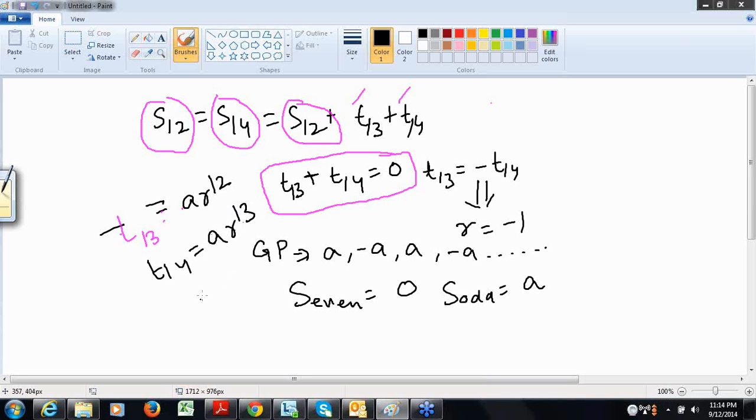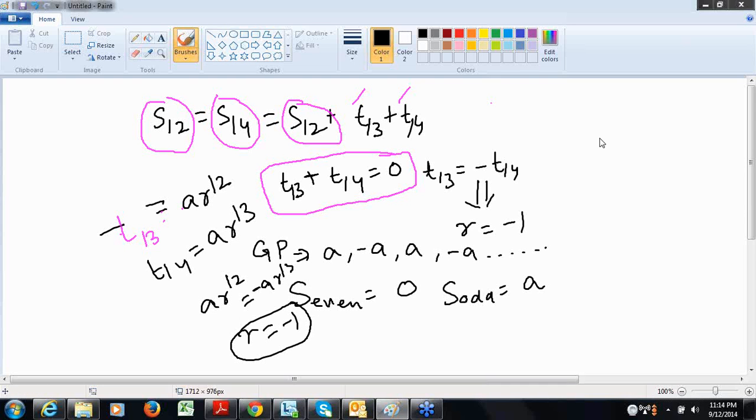Now it is written that term 13 is equal to minus term 14. So A R to the power 12 is equal to minus A R to the power 13. So R becomes what? Minus 1. Hope everybody is clear with this. How can R be equal to 1? Okay. So R becomes minus 1.